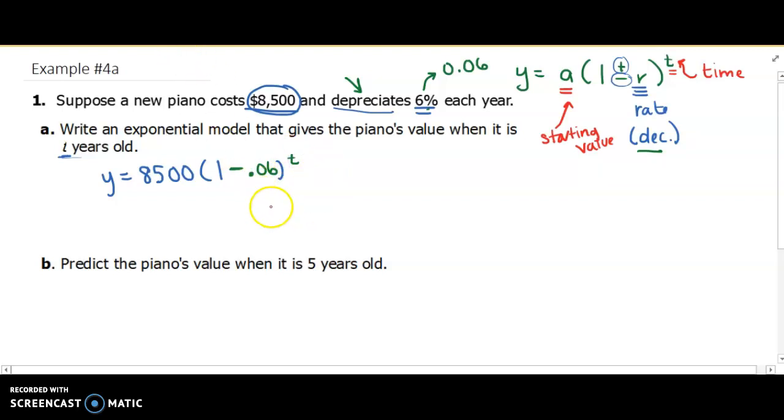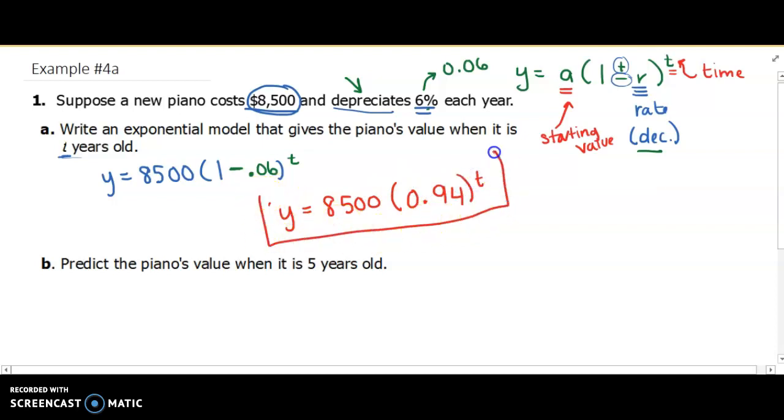If I want to clean this up a little bit, y equals 8,500 times 0.94 to the t. Here is my equation. Now on B, it just wants to predict how much it'll be worth when it's 5 years old.